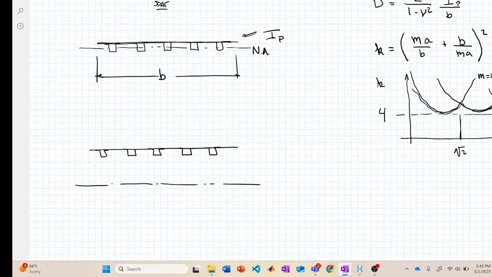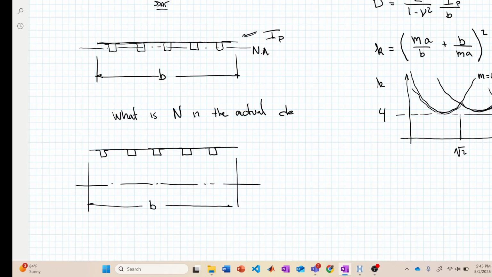So again, this is going to be B. What is N in the, okay, not the critical one, but what is the N we actually see?